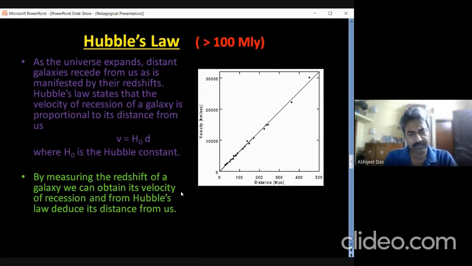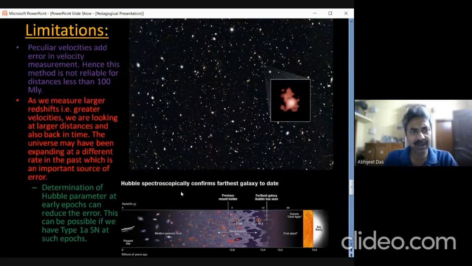Now, there are some disadvantages to this method. The disadvantage comes from the peculiar velocity of the galaxies. Peculiar velocity means the galaxies may be moving apart from the motion due to the expansion of the universe. Due to the expansion of the universe, they are moving away from us.